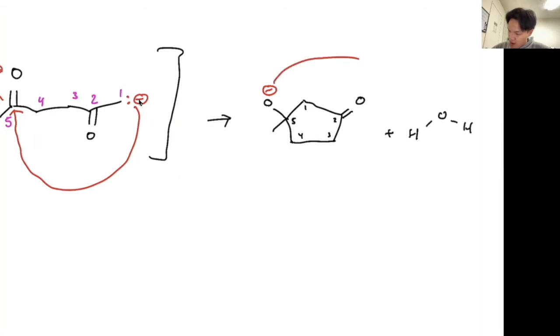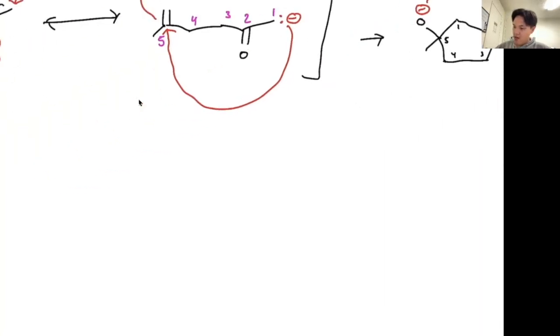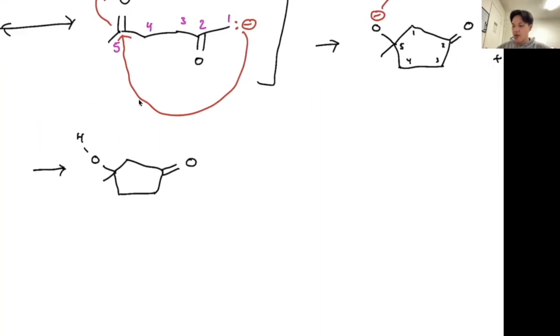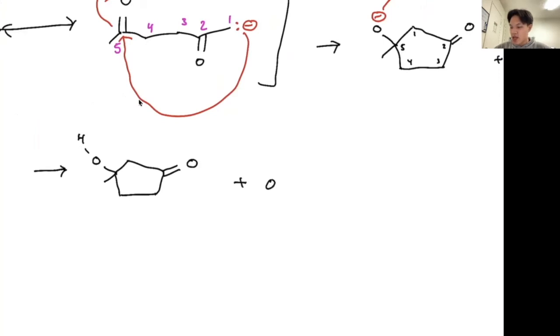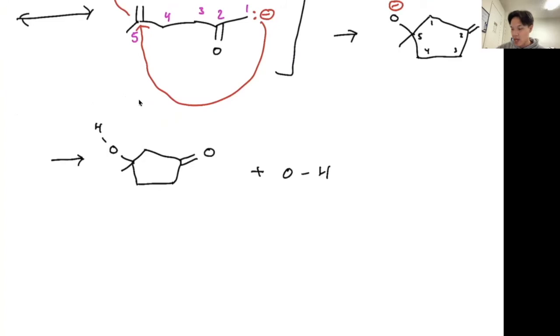And then now, if that happens, we get OH, and then that methyl. So now we're still under acidic conditions. Which one is going to be our alpha carbon? Is it going to be this one, or is it going to be this one up top right here?